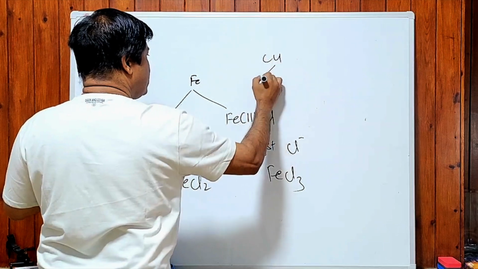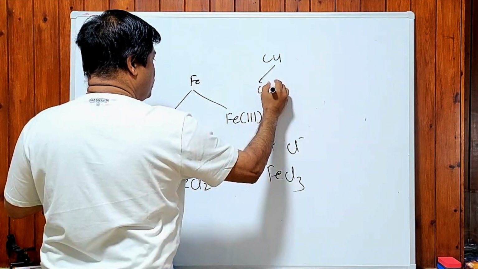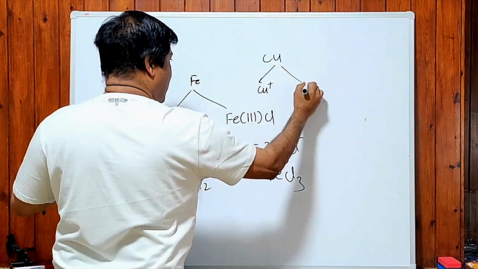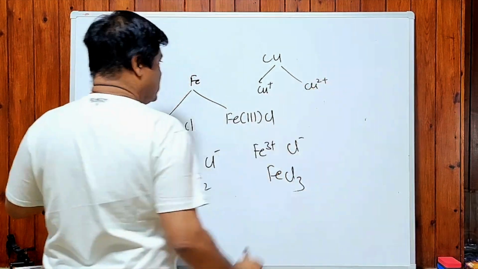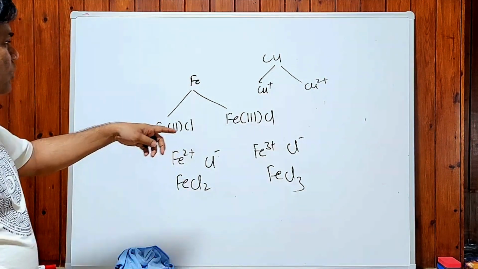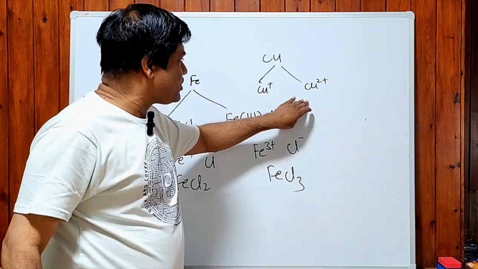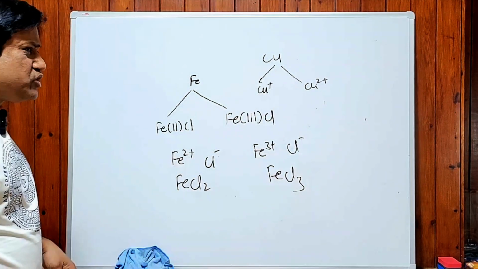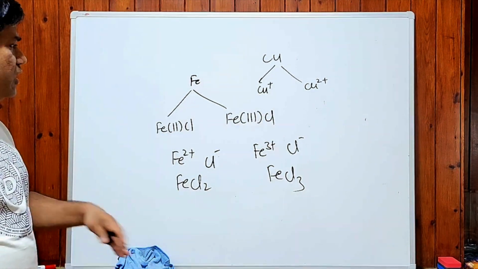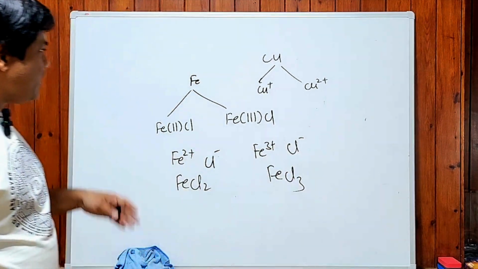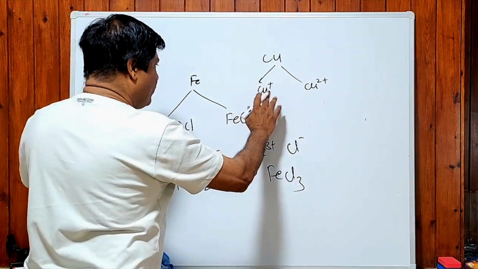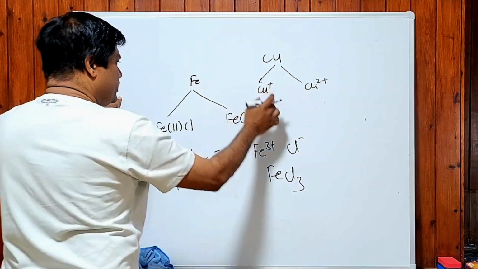Copper is in Cu plus 1 and Cu 2 plus. Don't worry about why it shows plus 1 sometimes and plus 2 sometimes. They show variable oxidation states. I will teach you in my future videos. But they can give away 2 electrons. They get oxidized.